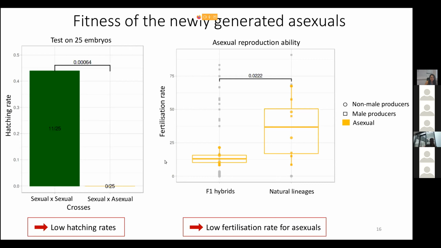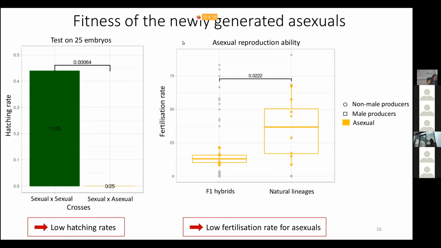For instance, here, based on a little example of 25 embryos, we see that the sexual-asexual cross had a very low hatching rate compared to the sex-sex cross. But we are now acquiring more data to increase the sample set, and also on different sex-asex and sexual-sexual crosses.